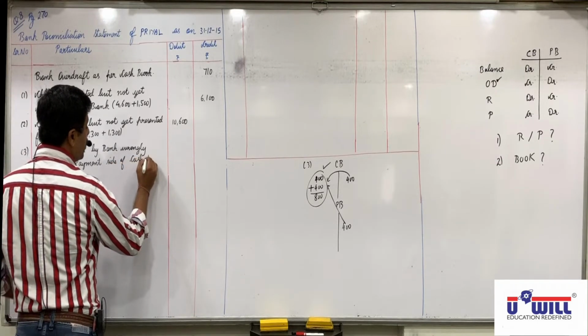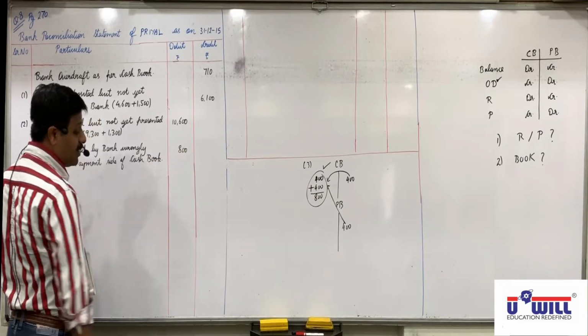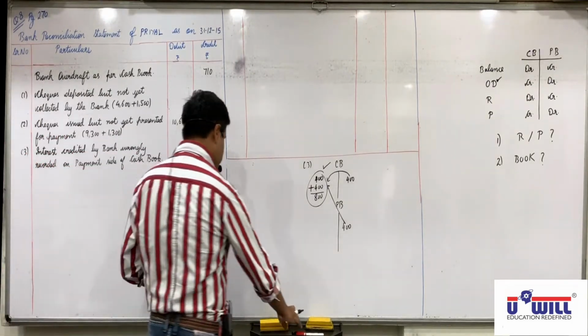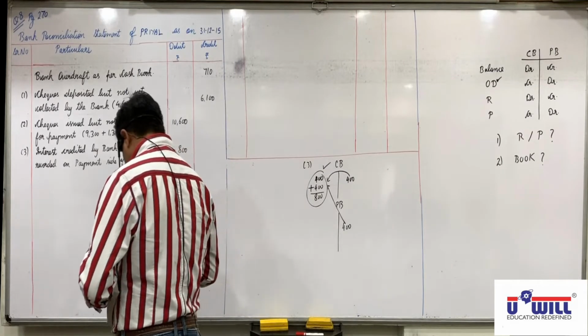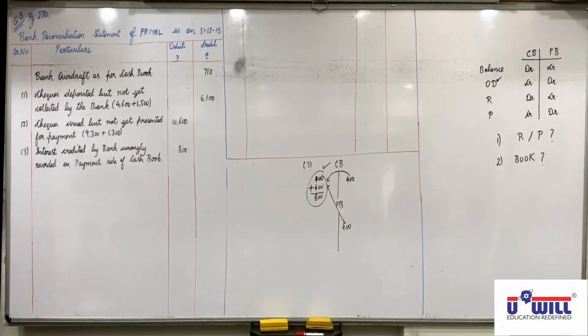Wrongly recorded on payment side of cash book. So now 800 rupees we will debit to rectify the same. Is everyone clear with this? Anyone having any doubt, you raise your hand.